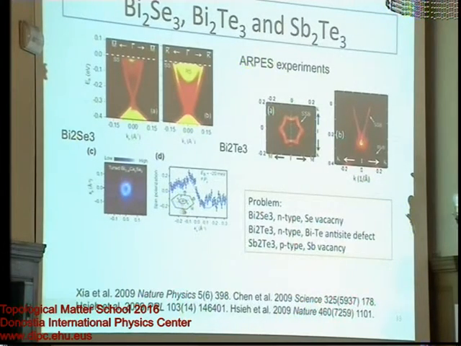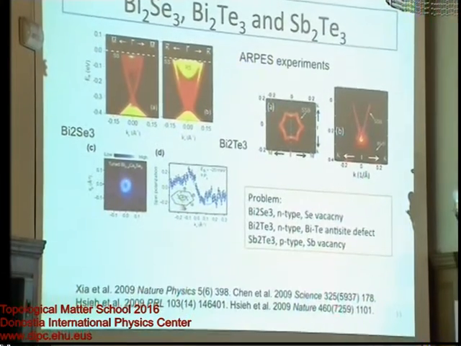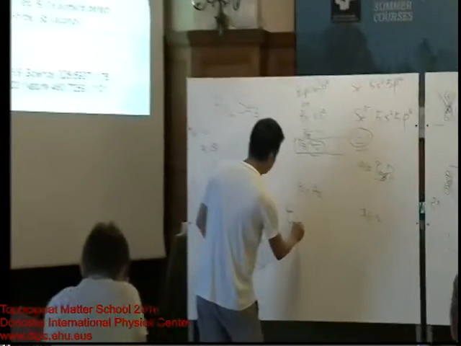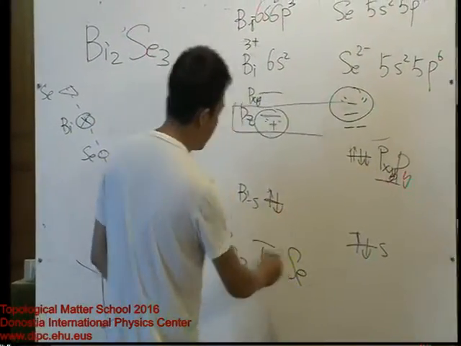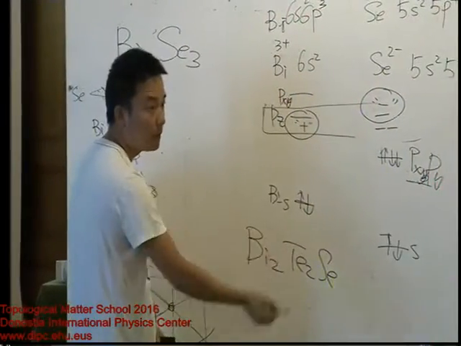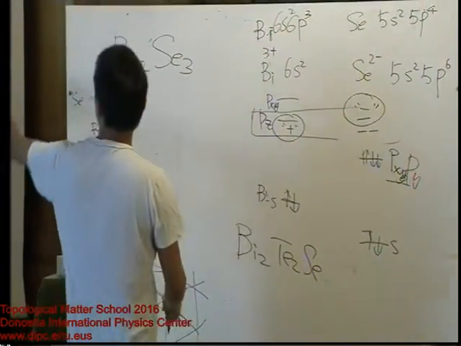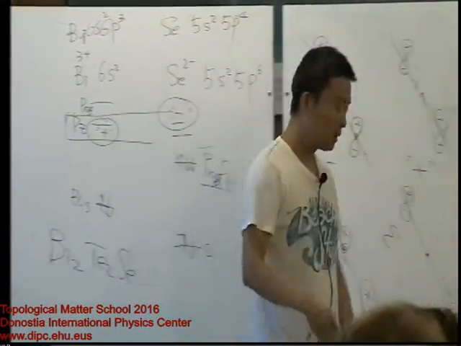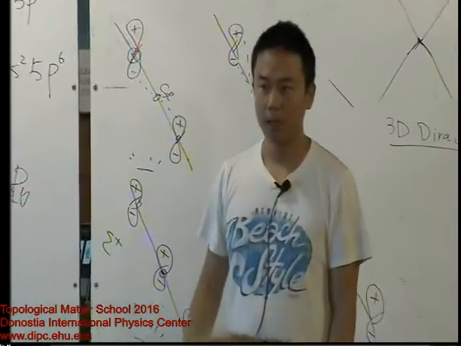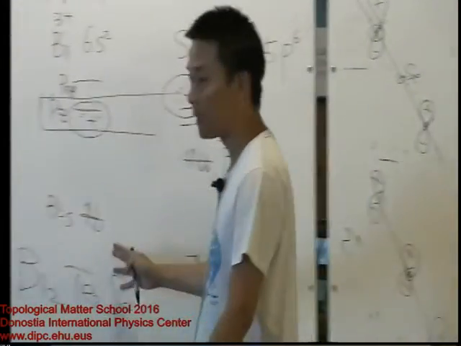And then there are a lot of efforts to try to optimize the material. Some famous examples are to mix tellurium and selenium in the compound. For example, mix some of them together and try to tune. This is just a material problem. Some of them have defects, some do not.